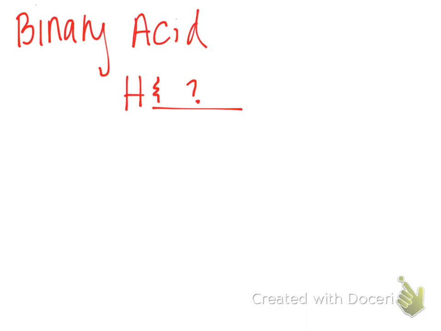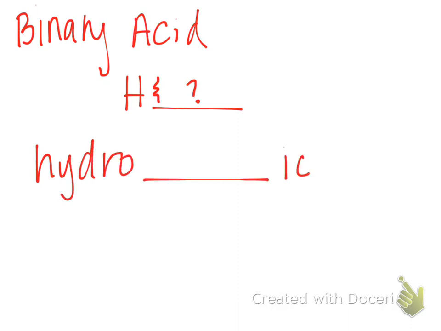We say it's called a hydro-ic acid. Okay? So what do you think goes right here in this blank spot? Right, the element. So this is the root of the element.